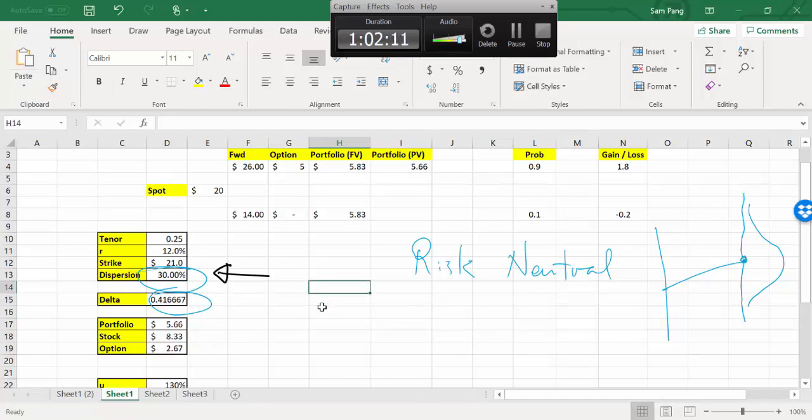Because in the binomial model, you still remember that, right? The dispersion parameter is the only thing I need to specify. So let's say 10% dispersion. So the price only goes to either 22 or 18. This is another way of stating your volatility.